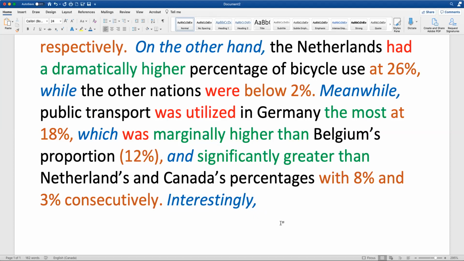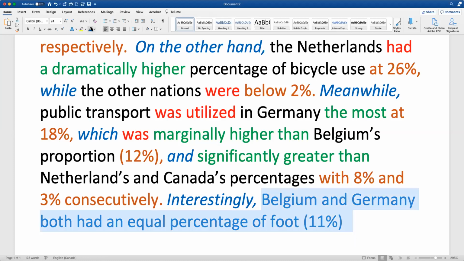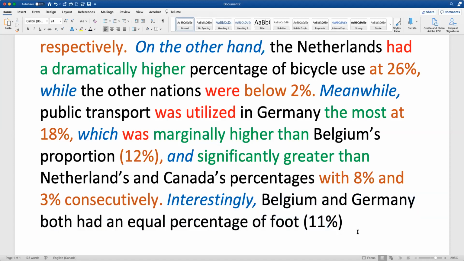We have 18%, the rate of travel on foot in the Netherlands, more than others. And we have Belgium and Germany with the same percentage. So that was the interesting first part. Belgium and Germany had an equal percentage.